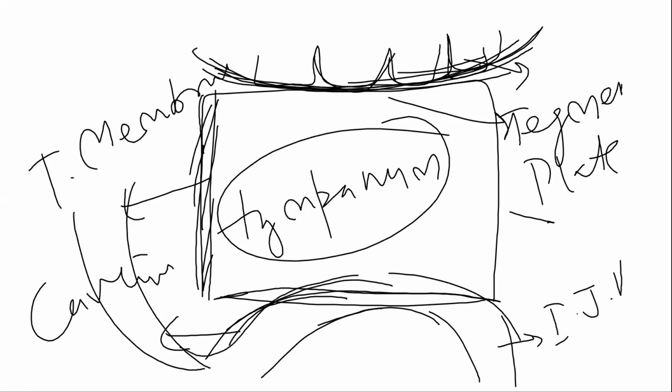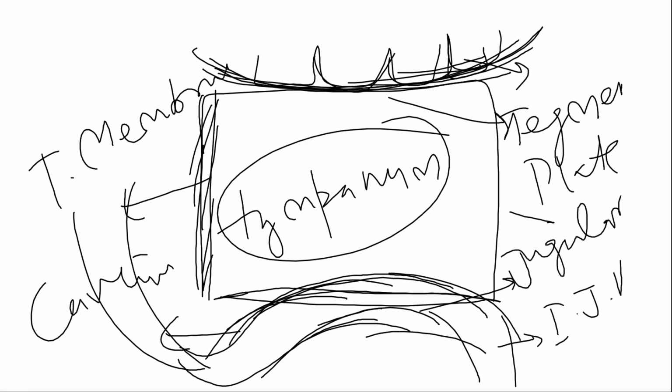So we have the cavernous sinus like this, which is extended as a bulb, a dilated segment, called the jugular bulb. And this jugular bulb continues into the neck, where it is called the internal jugular vein.